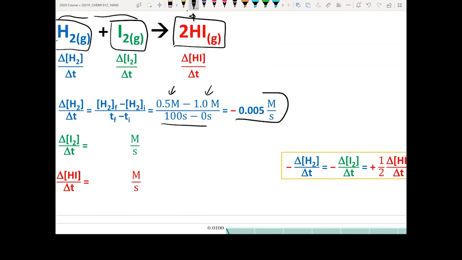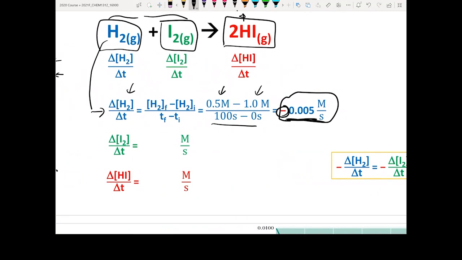Therefore, that's the number you're going to get, negative 0.005 molarity per second. The fact that you have this negative sign is because this species is disappearing. If it's positive, it's forming, but a negative sign means disappearing. The disappearing rate of your H2 is this much.